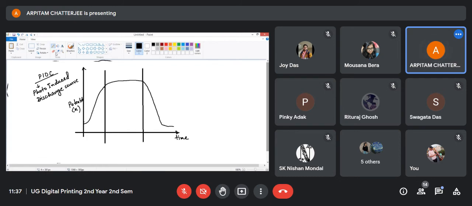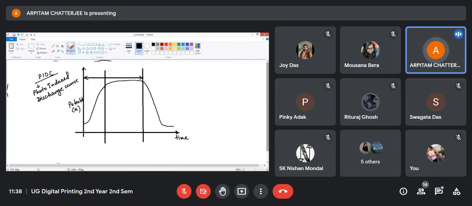This stage is happening in the dark phase. That means you are not putting any light on the photoconductor.